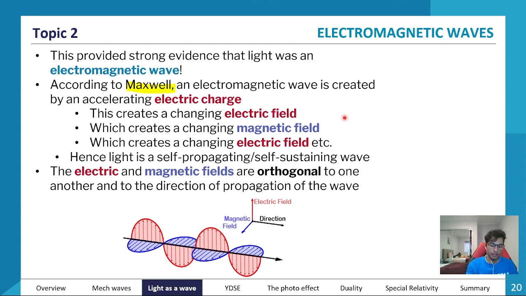And he called it the electromagnetic wave. And you'll see where that name comes from. And so what he proposed was that light is actually the acceleration of an electric charge. So this is what he proposed a light wave to look like.